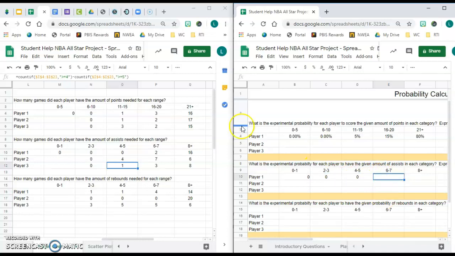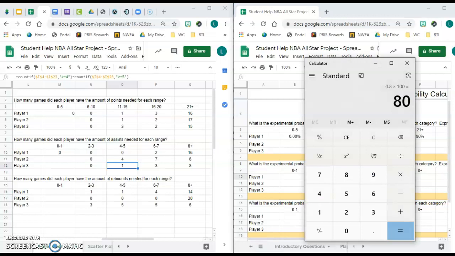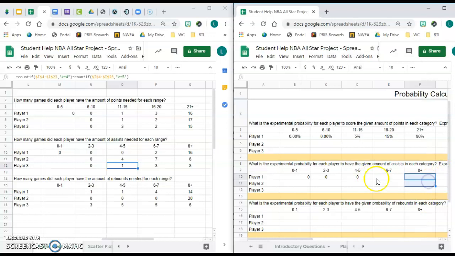And then 2 times he had between 6 and 7 assists. Sorry, between 6 and 7 assists. And so 2 divided by 20, not divided by 10, divided by 20, times 100. 10% of the time, he was getting between 6 or 7 assists a game.